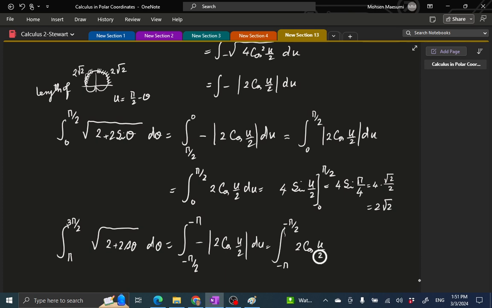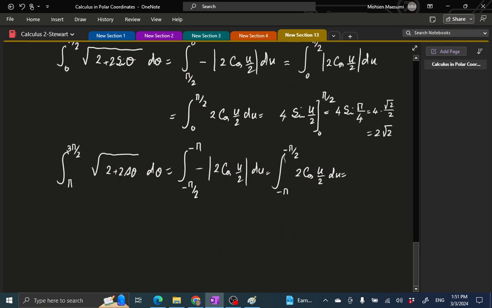Now cosine of minus pi over 2, that's of course 0. Cosine of minus pi over 4, that's also positive. So I'm in the positive territory. I can do away with my absolute value again. That's the advantage of this. Same as before, becomes 4 sine of u over 2 between minus pi over 2.